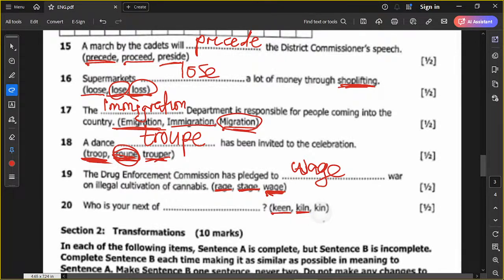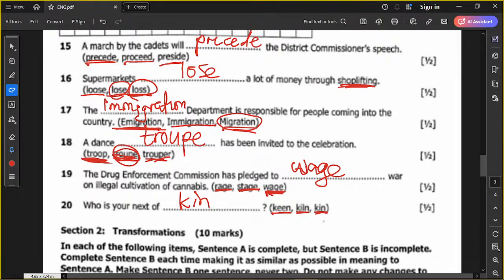Then kin, this is the one who is next to you, a relative. So the correct answer is kin. Next of kin, that is K-I-N, that is next of kin.